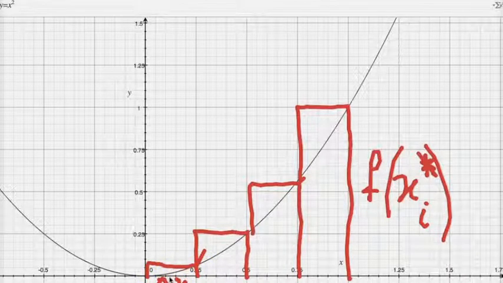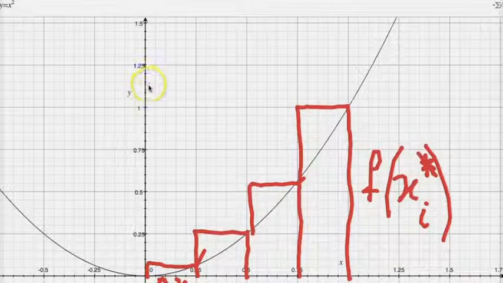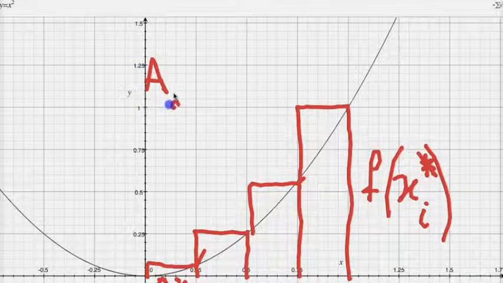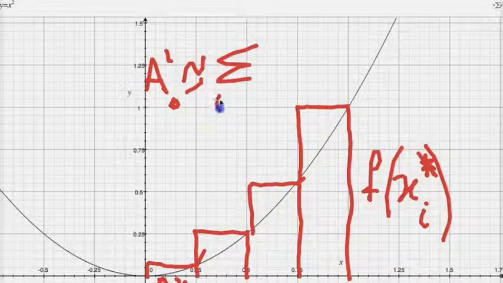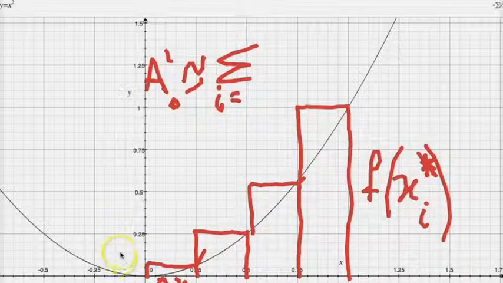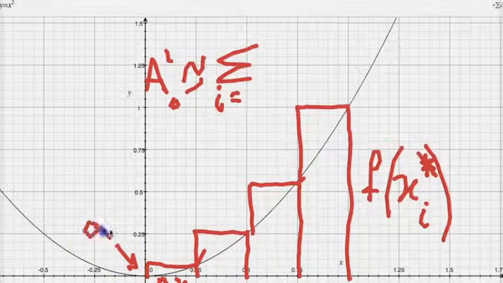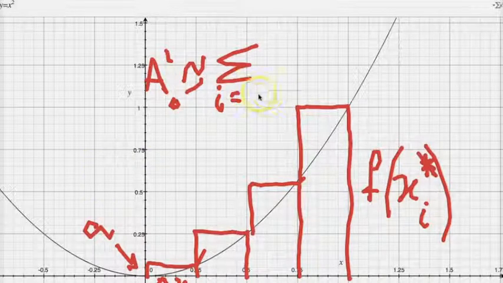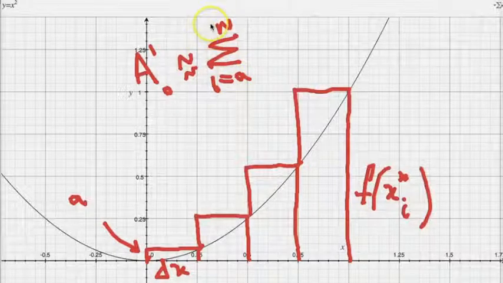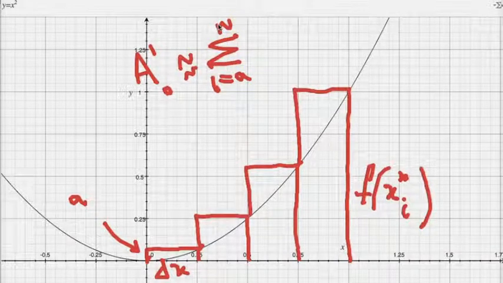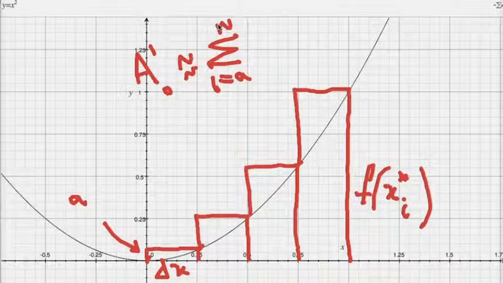So we can actually explicitly describe this approximate area using the Riemann sum. So A is about equal to, and then use summation notation, i equals, and that's going to equal the beginning of the interval. In this case it's 0, but generally that can be described as a, between a and n. And so that n right there is the number of subintervals, or number of rectangles you're going to be using in your approximation.